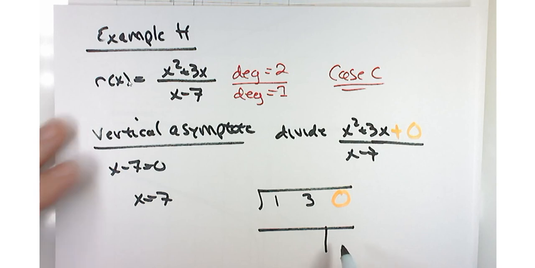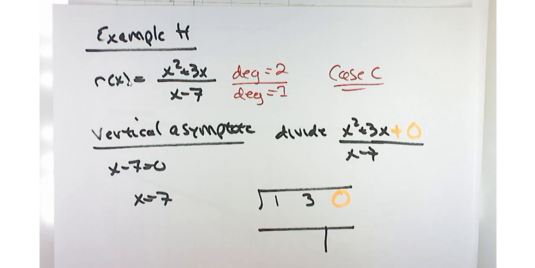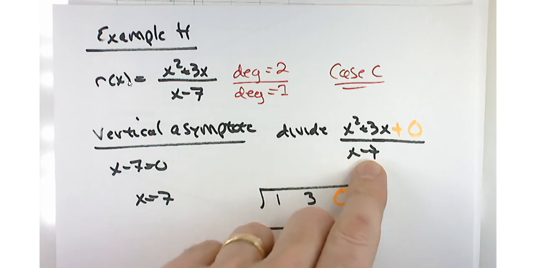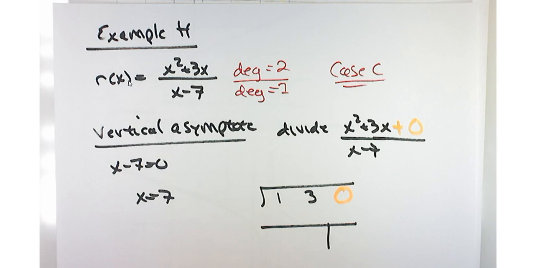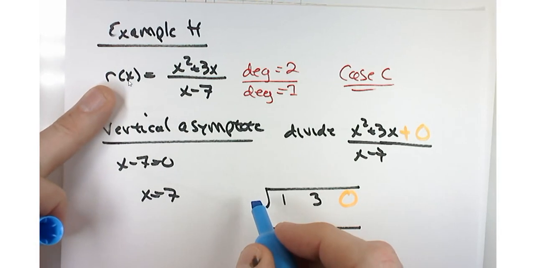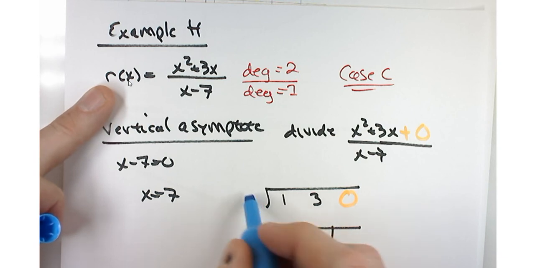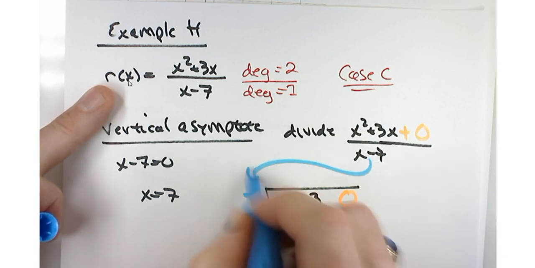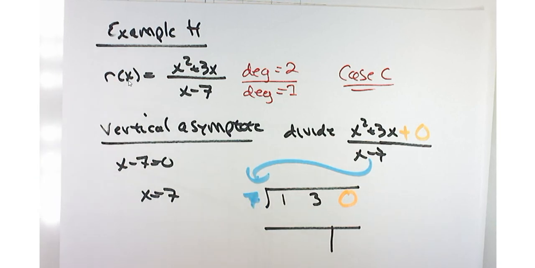Good. And what number goes out in front for my synthetic division? The -7 or +7? Positive 7. So a +7 here.